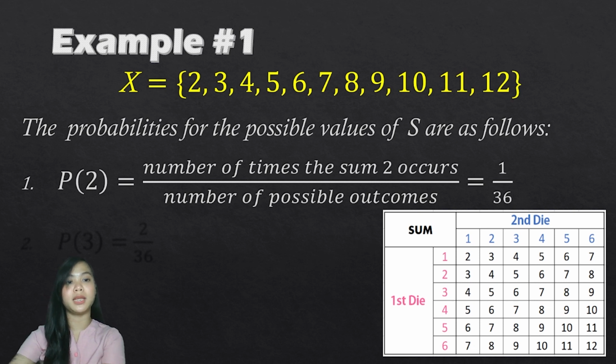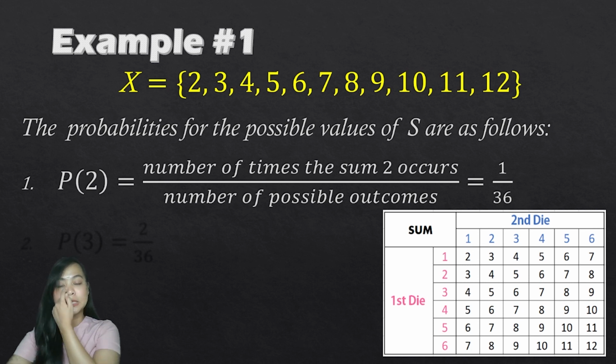The probability that the sum you get will be 2 is equal to the number of times that the sum 2 occurs over the number of possible outcomes. How many times does the sum 2 occur? We can see in this table, it is 1 only for 2. So that is 1 over the total number of possible outcomes, 36.